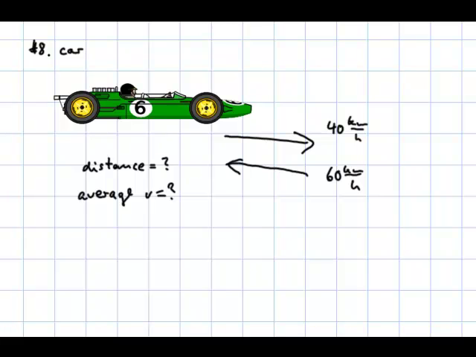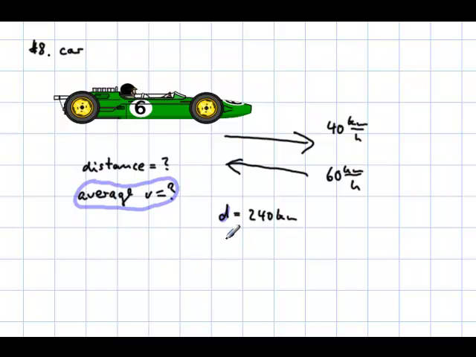Well, in that case, what I like to do is use a token distance, one that I make up, that helps me to figure out this problem. And the distance that I like to make up is 240 kilometers. Why? Because both the 40 and the 60 divide easily.